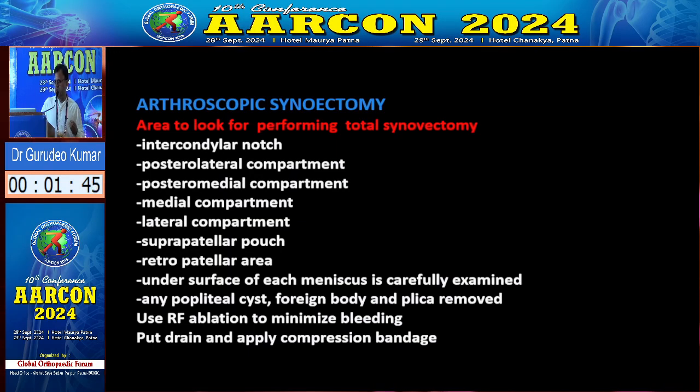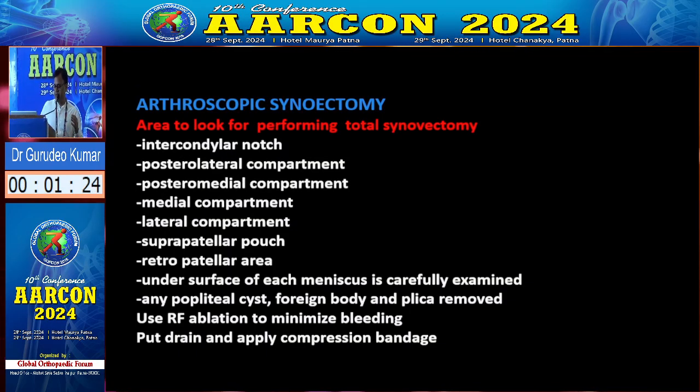The sequence or the areas to look at for synovectomy are the intercondylar notch, posterolateral compartment, posteromedial compartment, medial compartment, lateral compartment, suprapatellar pouch, retropatellar area, and the undersurface of each meniscus, which is carefully examined.